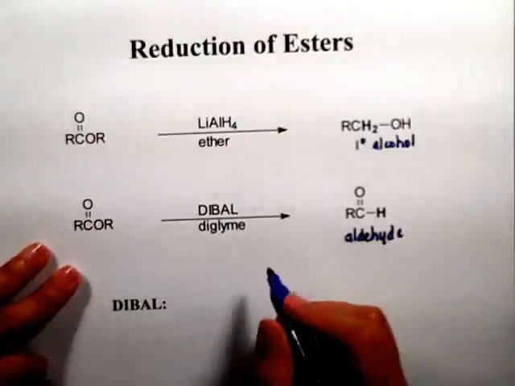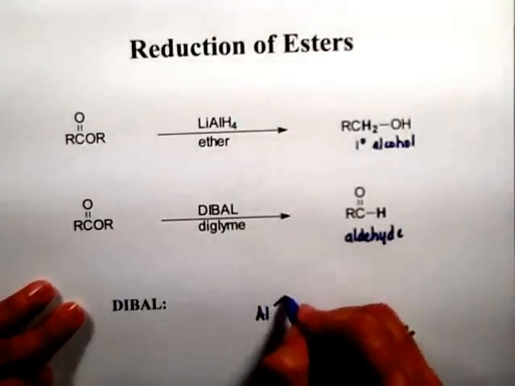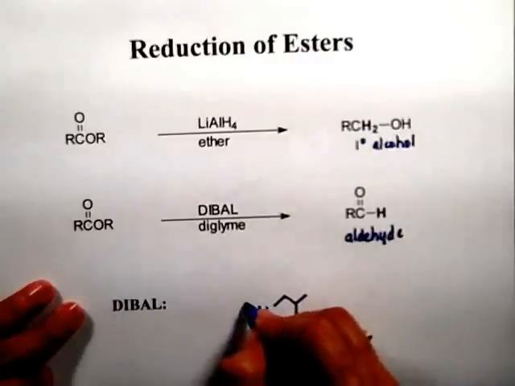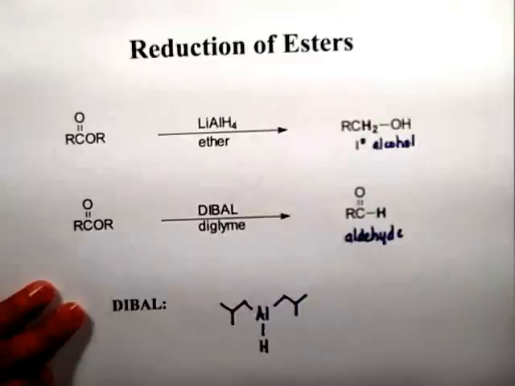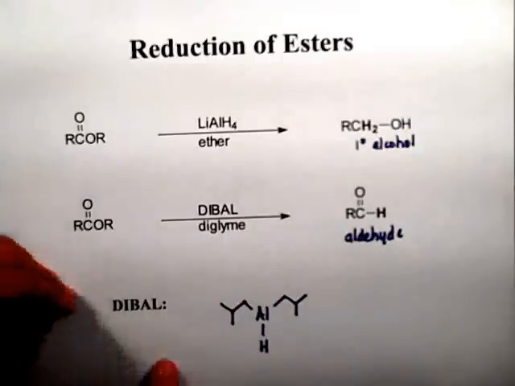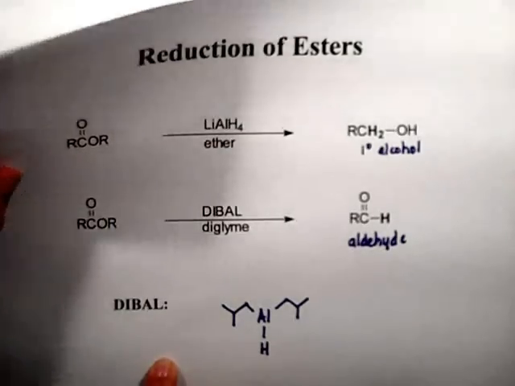Just as a reminder, DIBAL stands for diisobutyl aluminum hydride. It has only one hydride, so that's why it gets you the aldehyde. One more slide for this part.